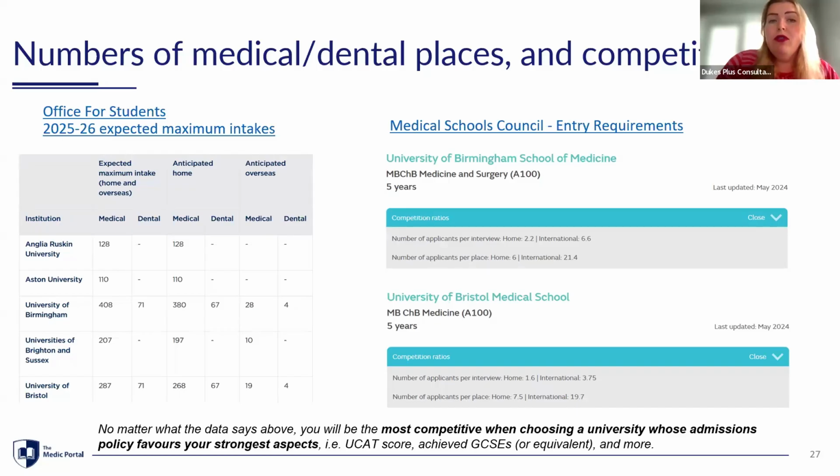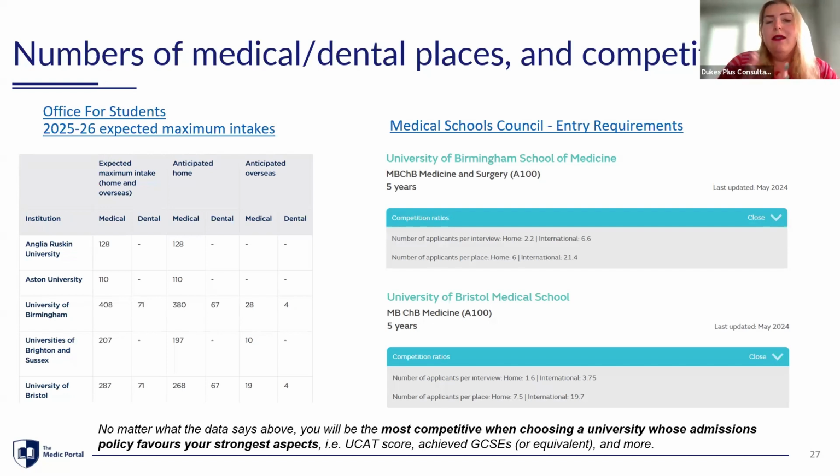These are often broken down into home students or UK fee-paying students, or overseas students or international students. So I've just done a little screenshot there of the list to show you just what the universities can take in terms of their cohorts and numbers.